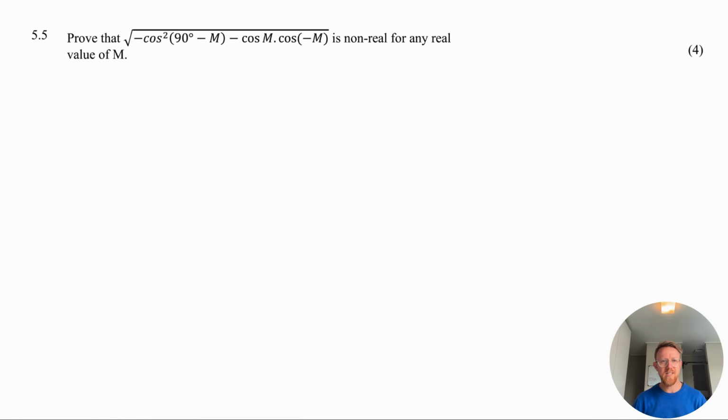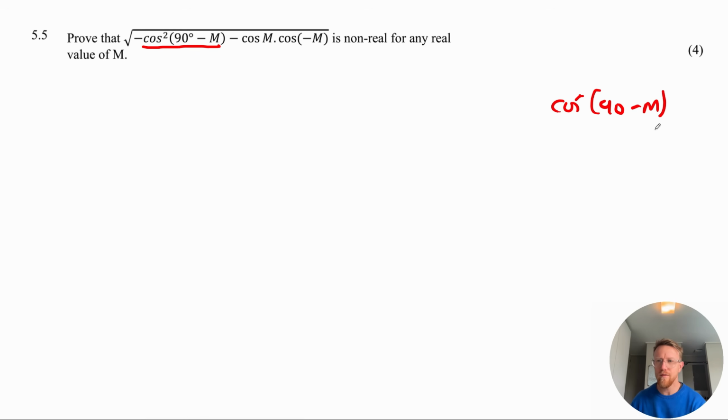This one looks interesting. So it says that prove that that ugly looking expression is non-real for any real value of m. Now personally, I don't even know what that question means, but we just start and let's see where it goes. So the first thing I immediately see is that part there, forget about the square, just that cos 90 minus m.